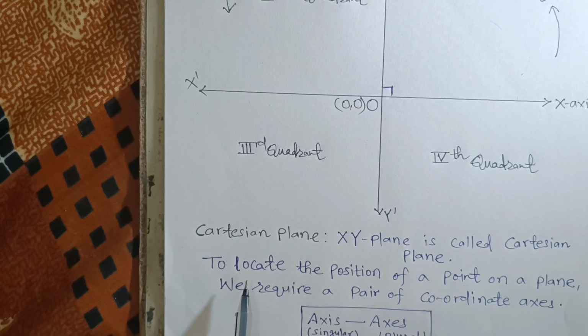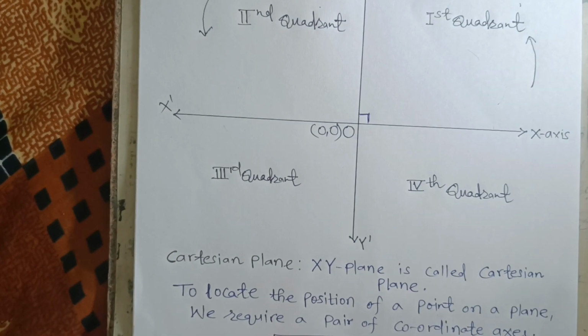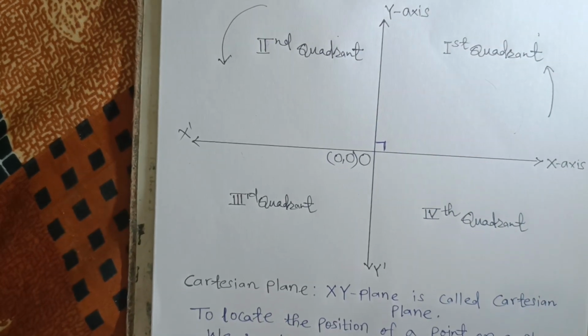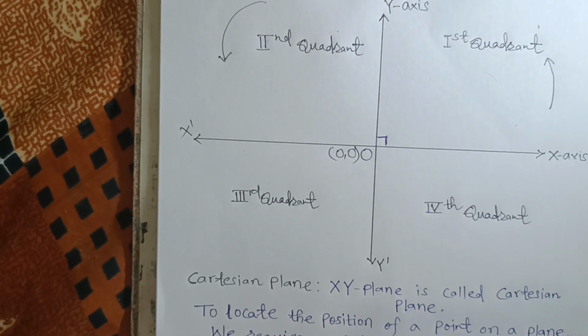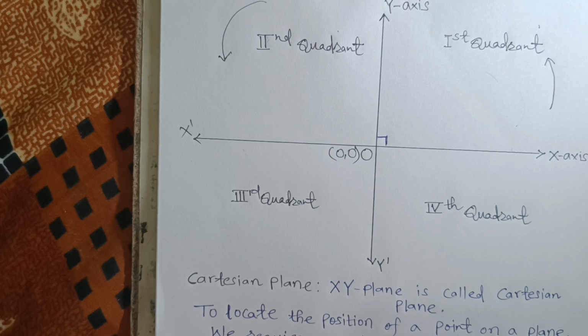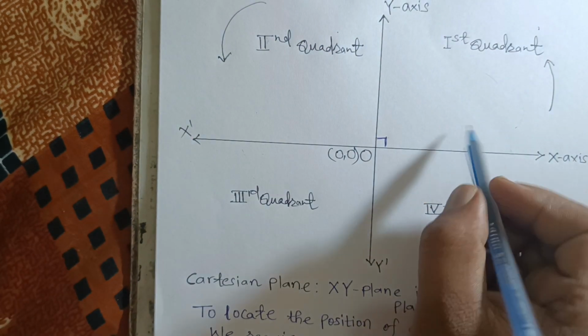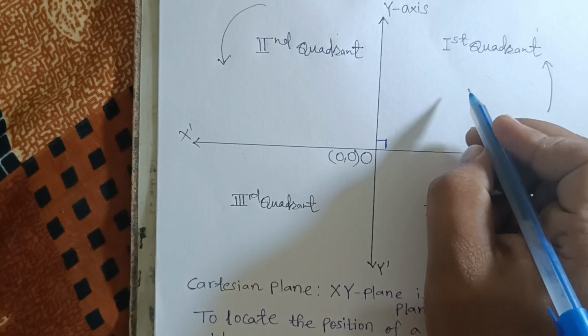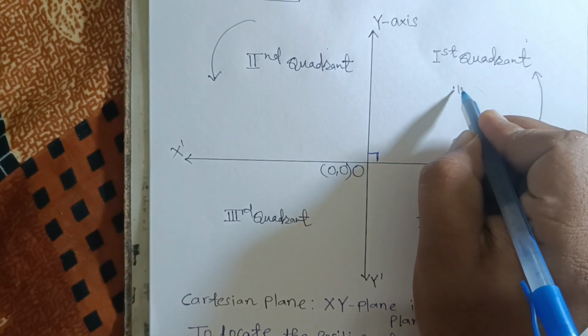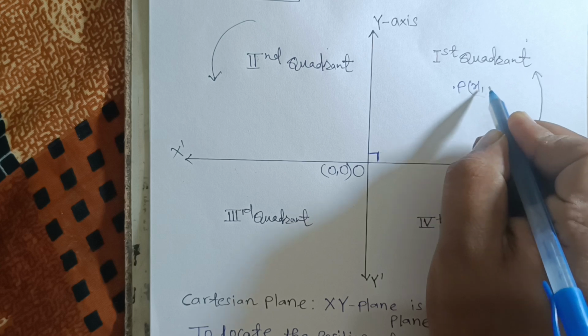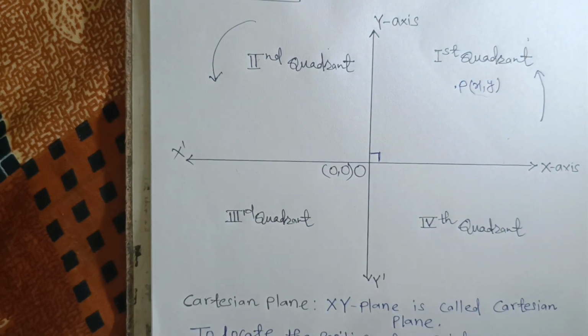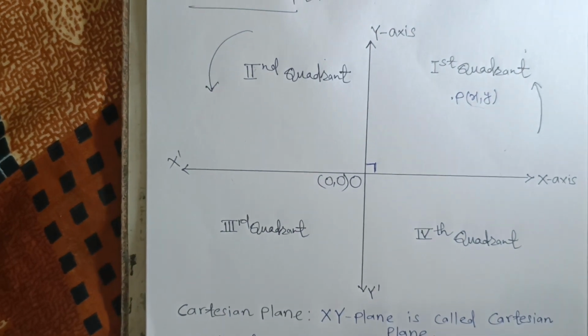We already studied, students, that to locate the position of a point on a plane, we require a pair of coordinates. Coordinates means x and y both. Suppose P x y is a point on first quadrant.